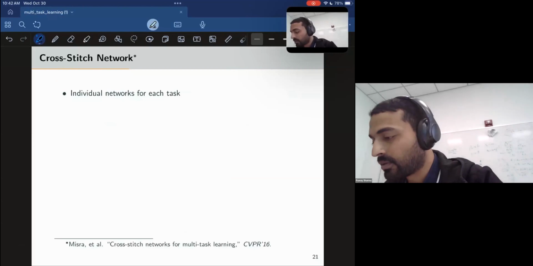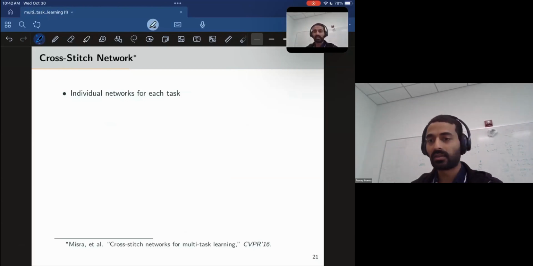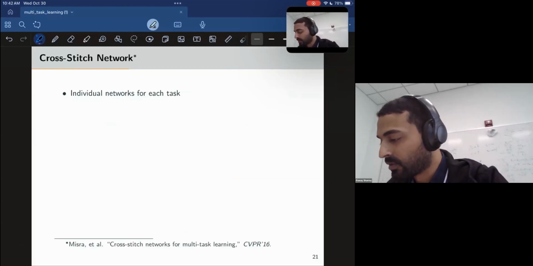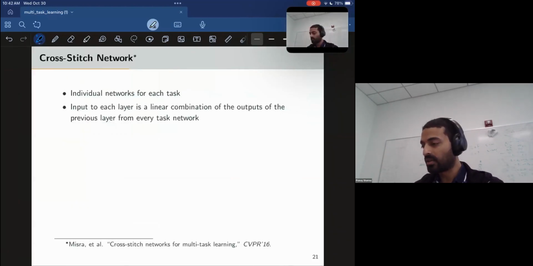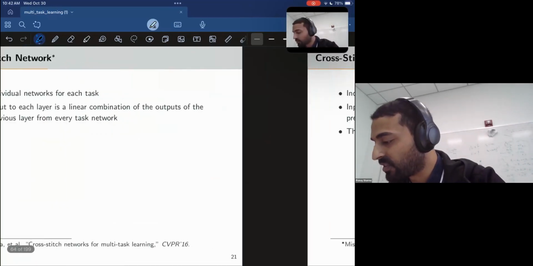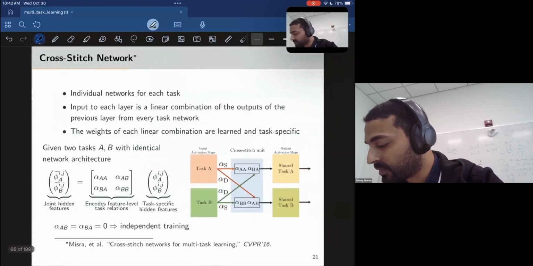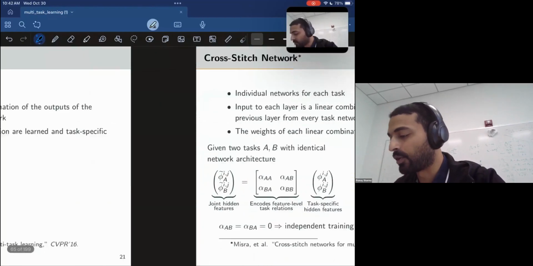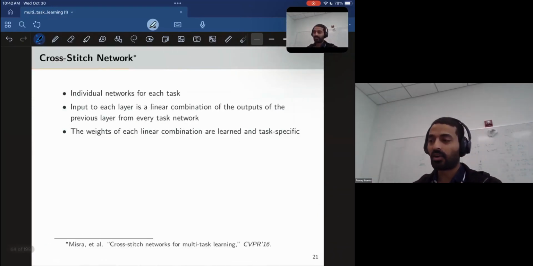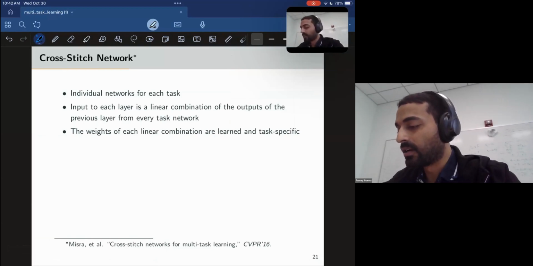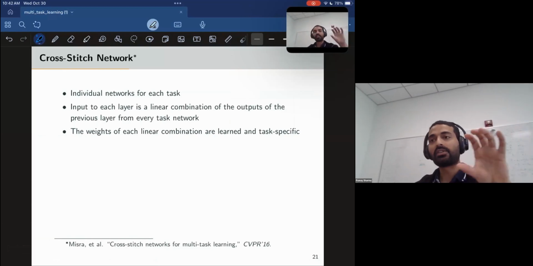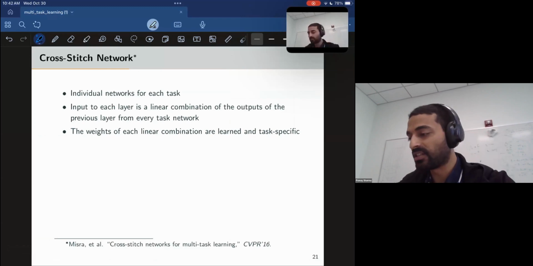Okay, so let's look at one final architecture. This is called a cross-stitch network, where we learn individual models for each task.